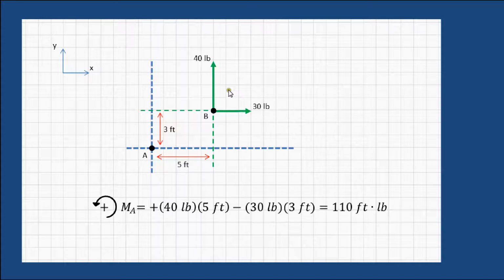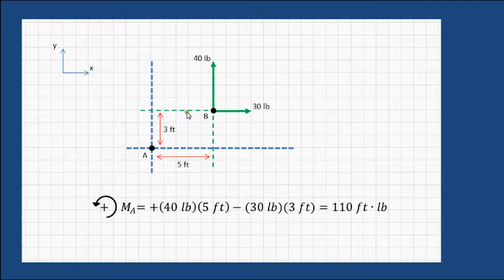Now what we're going to find is that the sense of rotation of the 40-pound force with its moment arm is counterclockwise, and we get a positive sign, and the moment produced by this component of the force vector is 40 pounds times its moment arm of 5 feet.